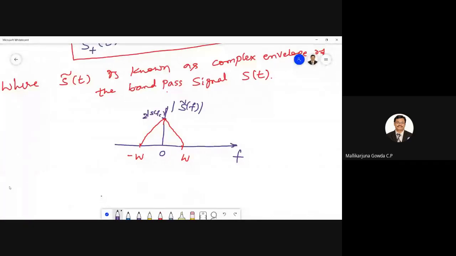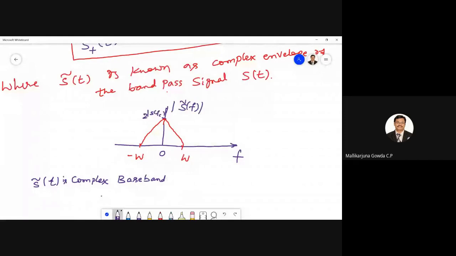So I said S tilde of t is the complex baseband signal. I said the baseband signal is also known as low pass.